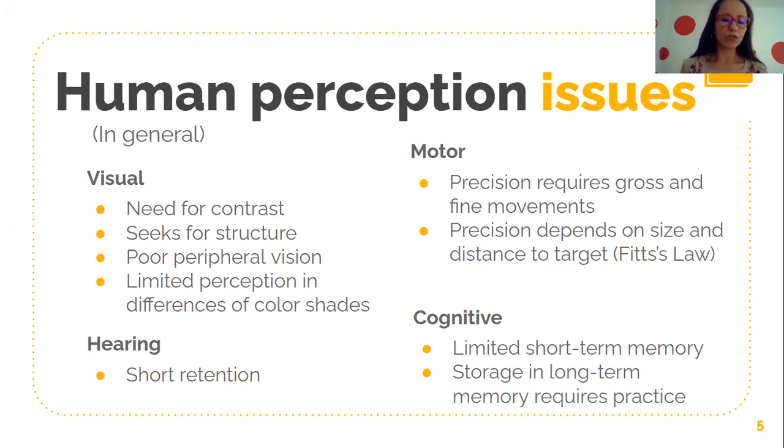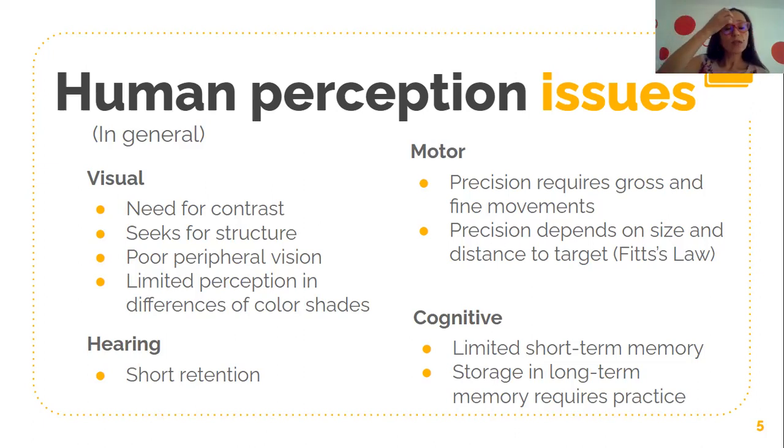I included the visual channel, the motor, well, it's not a channel, but it has something to do with the use of devices in this case. We need to touch some things in order to do stuff. And then we have the hearing channel. And I also added some cognitive issues because they are related with the use of the rest of them.